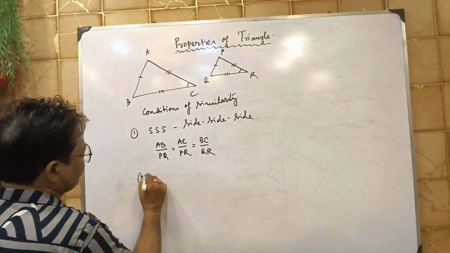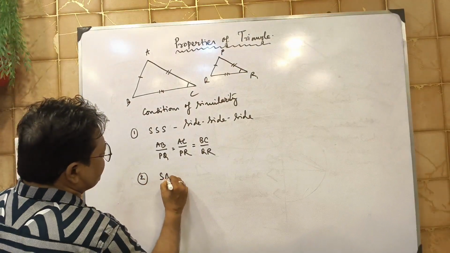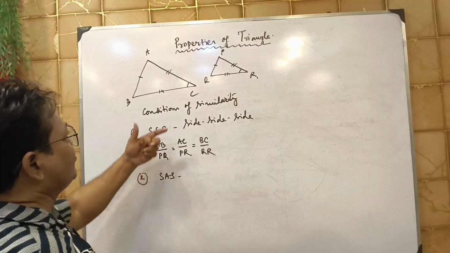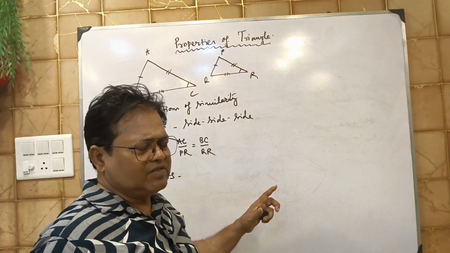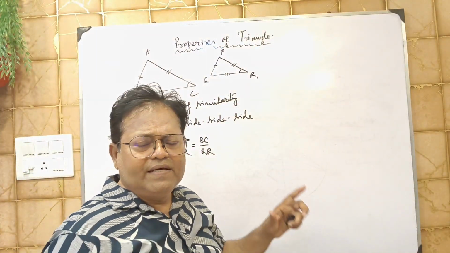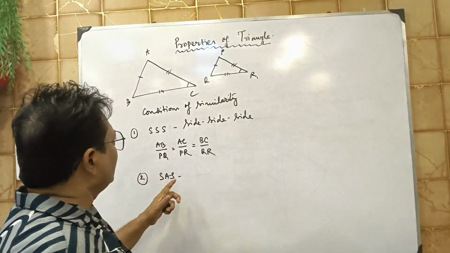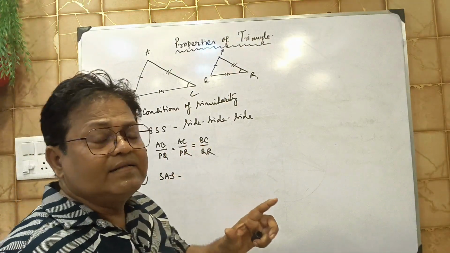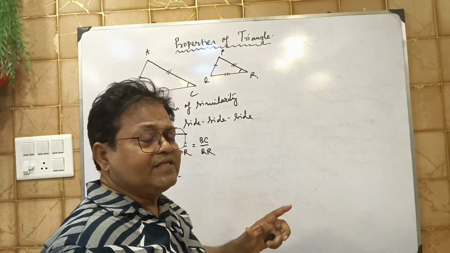Number two, the second condition is side angle side. Here equal to is not considered like congruency. In similarity of triangles, you always consider the ratios.